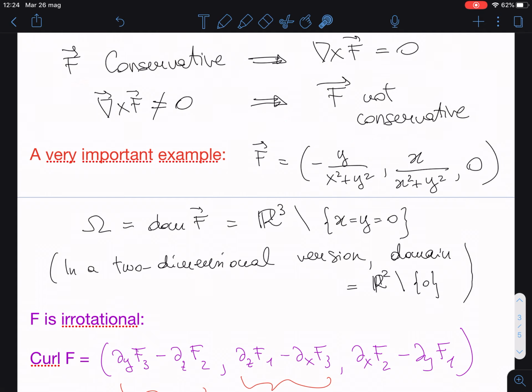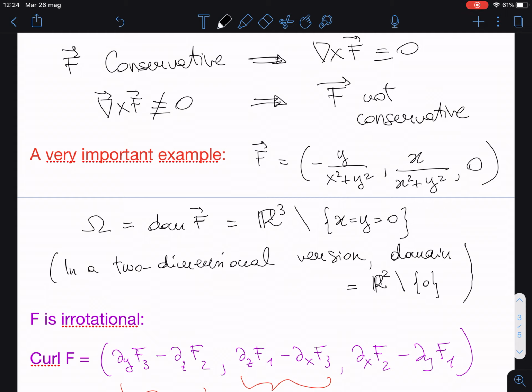Notice that when I say curl of f equal to 0, I mean identically equal to 0 at every point. If there is only one isolated point in which the curl of f is 0, this does not count. I'm saying identically 0. Okay? And vice versa, if the curl of f is not identically 0, then f cannot be conservative. This is the very important fact I want to stress.